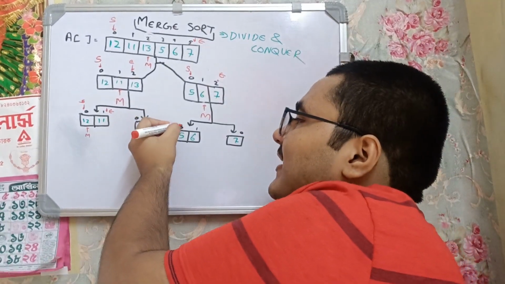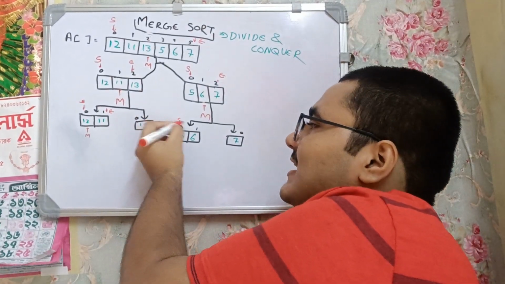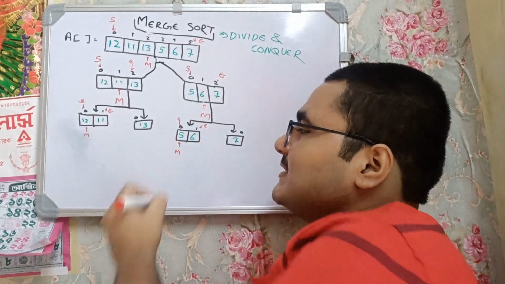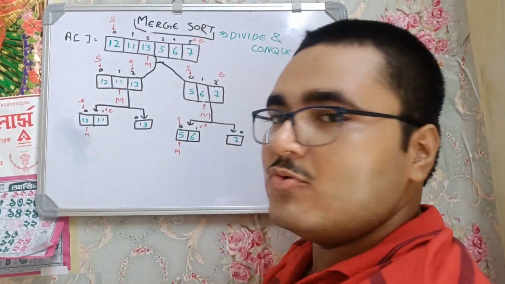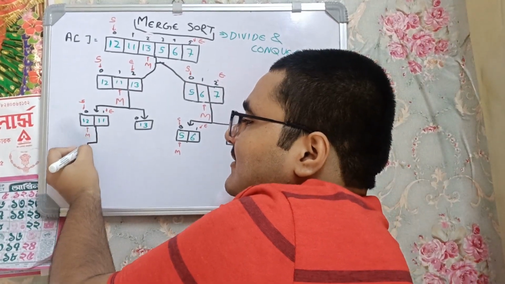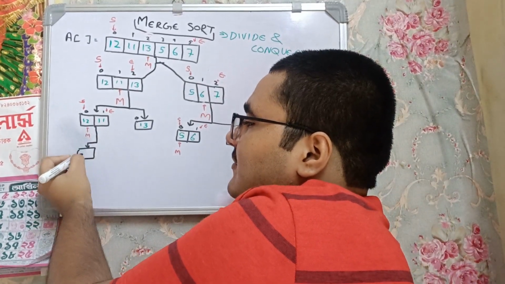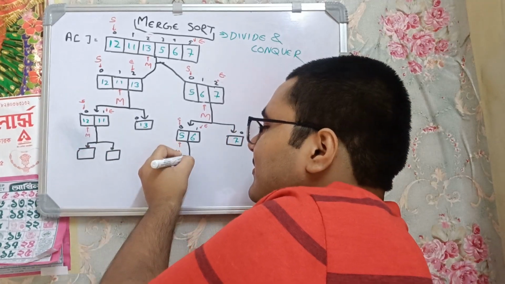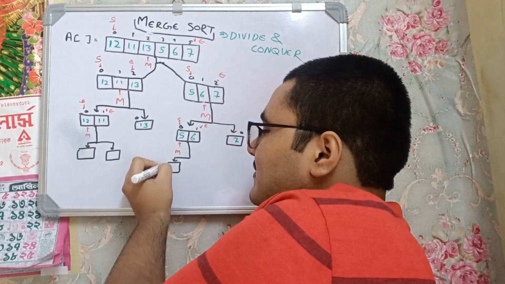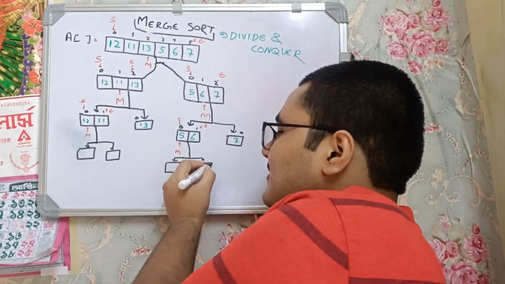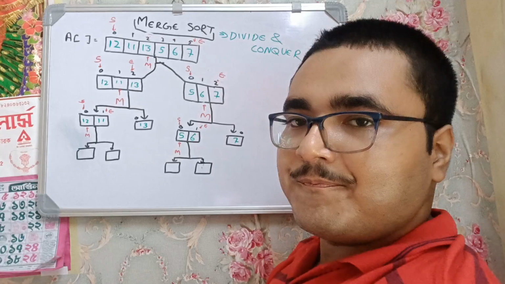And if I go by this, this is my start, this is my end, and this becomes my mid. Again if I divide this portion, it turns out this is 12, this is 11, here we have 5, and here we have 6, right?